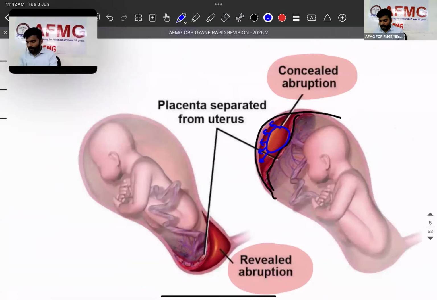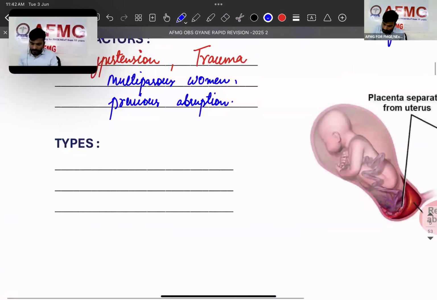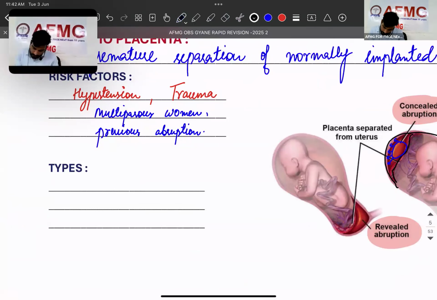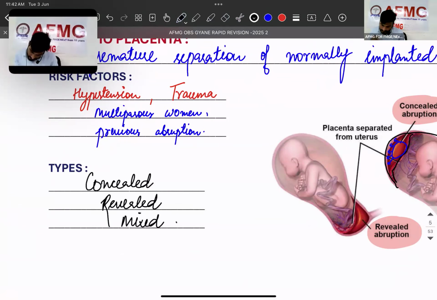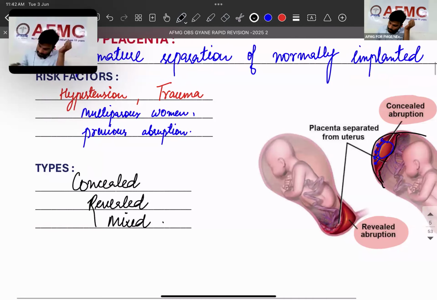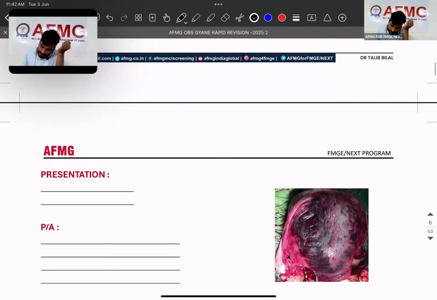Now, sir, we have three types. What are the types? Concealed, revealed, and mixed. Now, what will be the presentation of a patient?